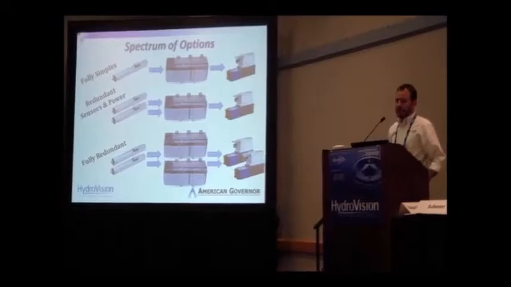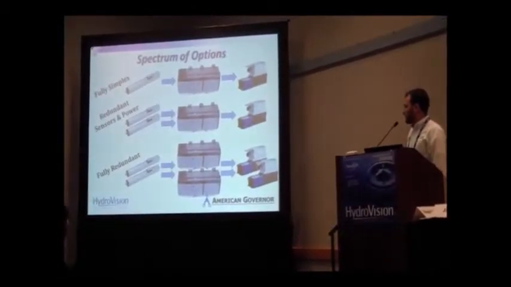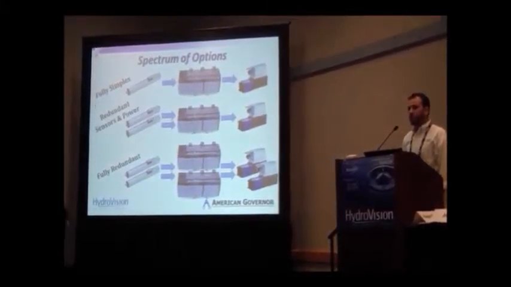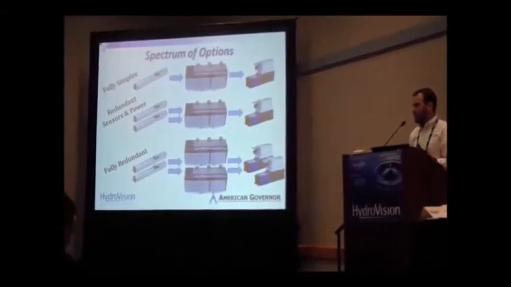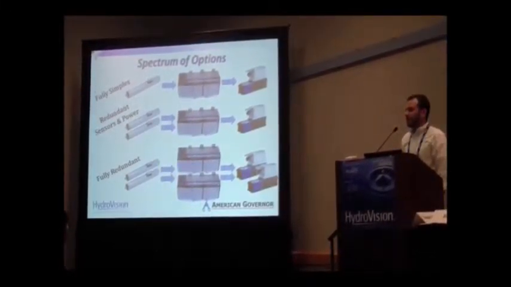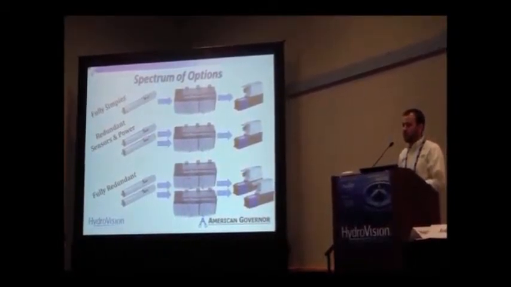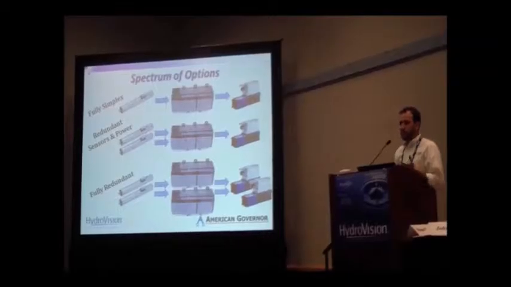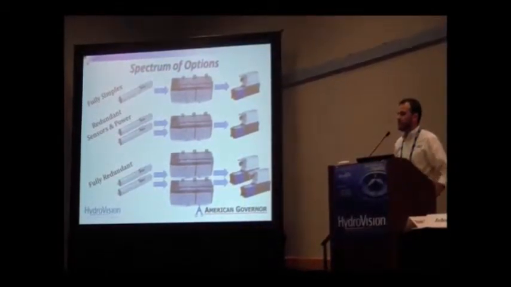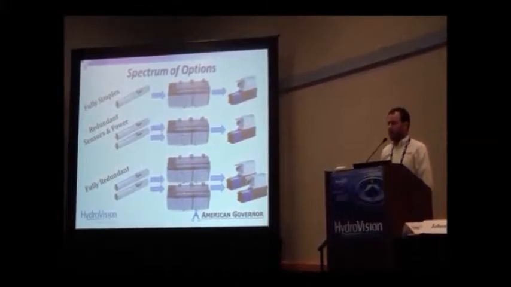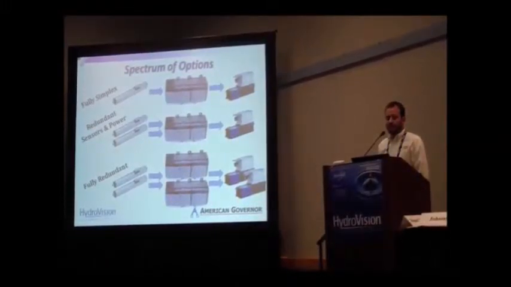And then finally, fully redundant control systems where you may have multiple sensors going into multiple controllers which are comparing data or voting and then sending control signals to maybe multiple outputs which are in a passive configuration where you have a primary and a backup control system. And we'll talk about each of these, and then we'll talk a little bit about where they may be applicable.